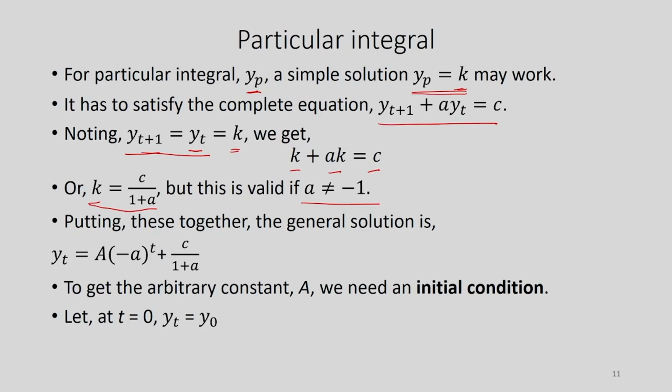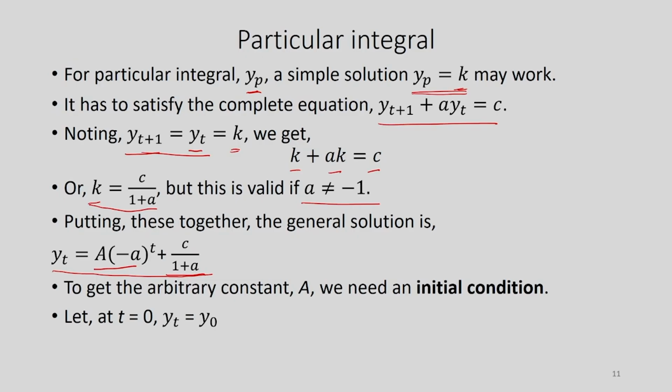Now, putting all this together, I get the general solution. y t is a summation of the particular integral and the complementary function. This was the complementary function, capital A multiplied by minus small a to the power t, plus c divided by 1 plus a. This is the general solution.